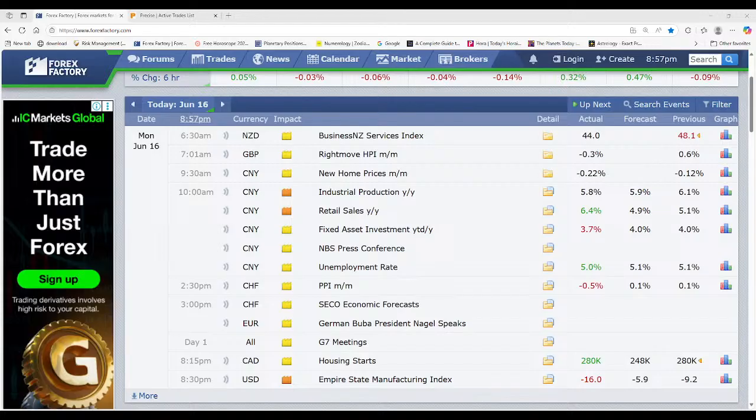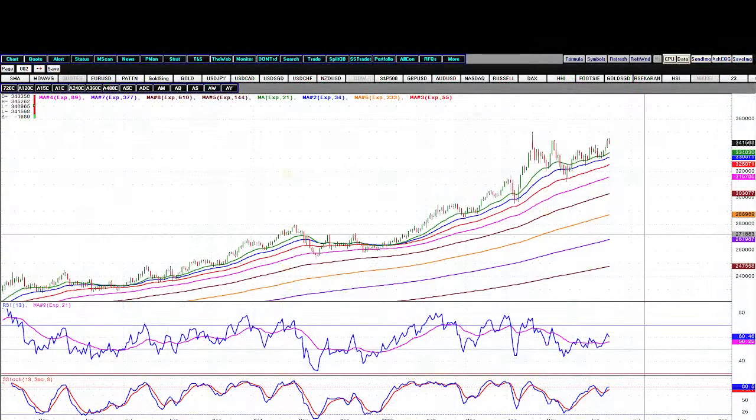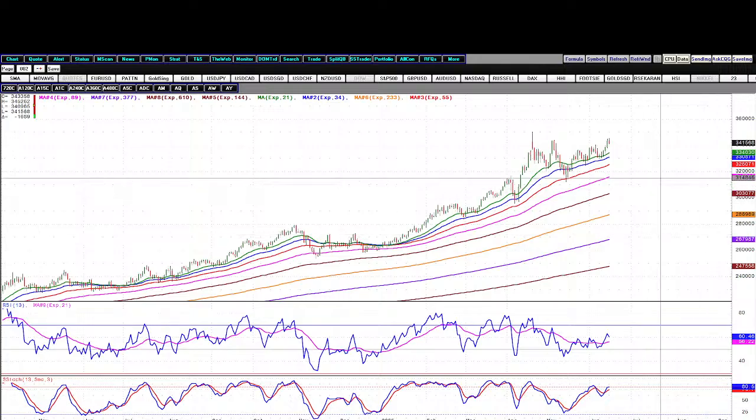The problem with gold is that it is moving on geopolitical reasons, but right now on the technical, it has been doing some correction on the daily.